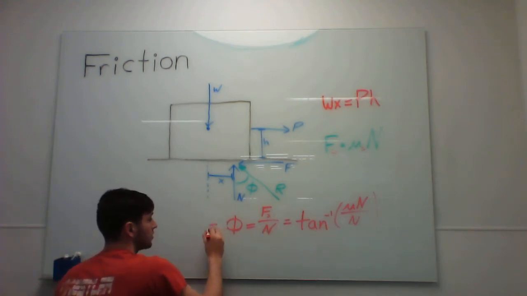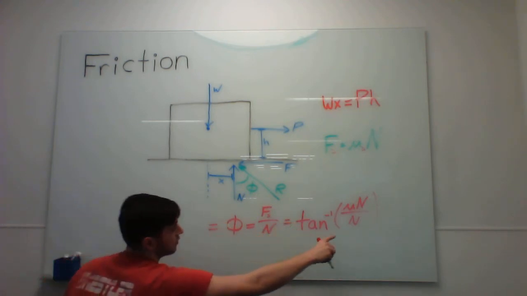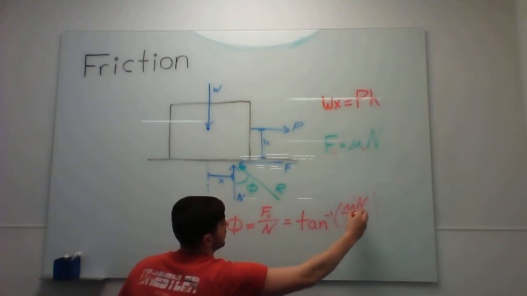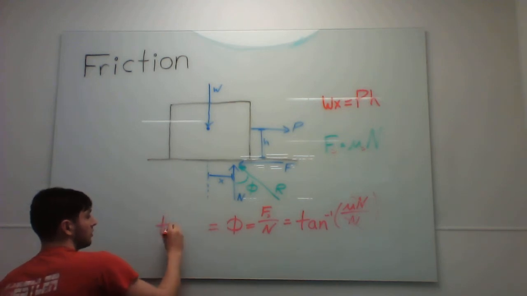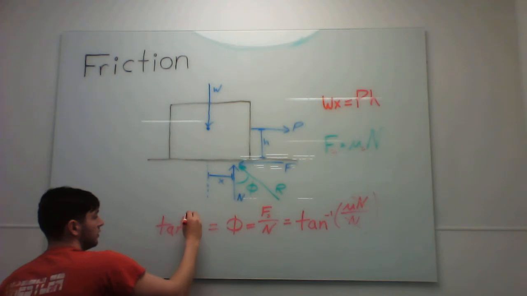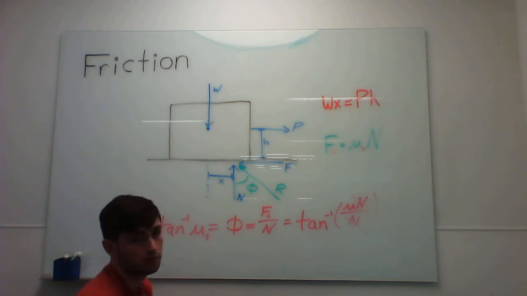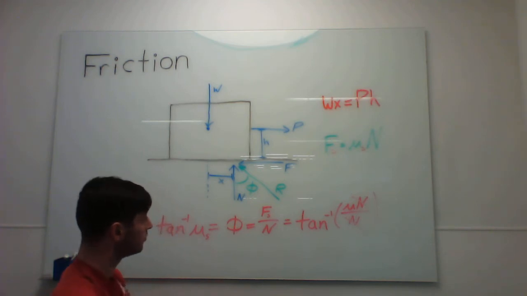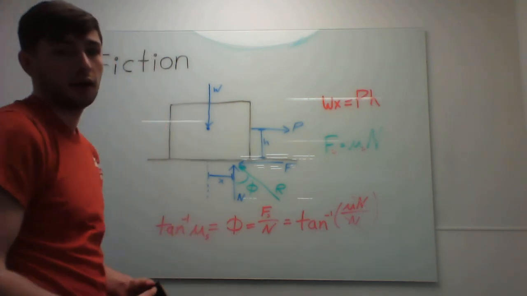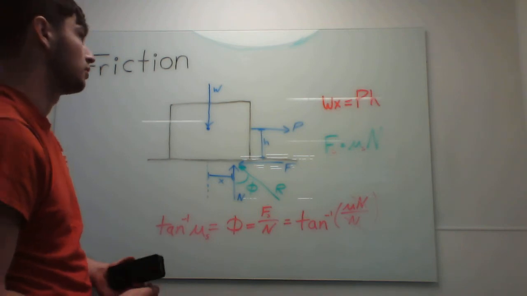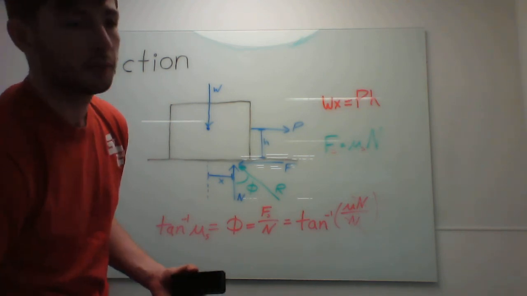I'm running out of room over there, so I'm just going to make this all equal. So basically, we can take out both of these normal forces. The angle in this situation is going to be equal to the inverse tangent of the coefficient of static friction. So these are just some formulas we can use to find different variables in a problem dealing with friction, in equilibrium, and in impending motion.